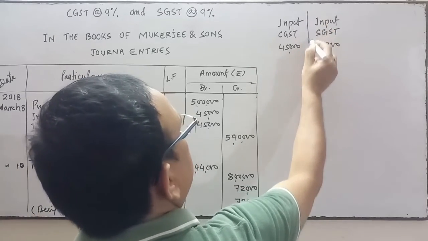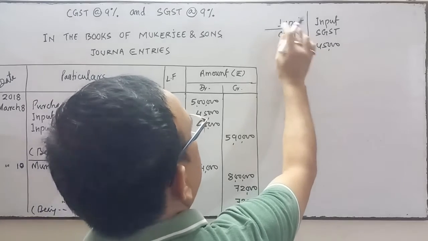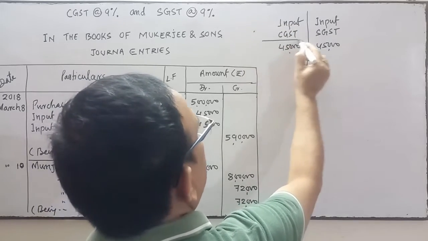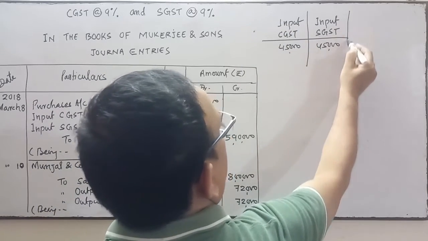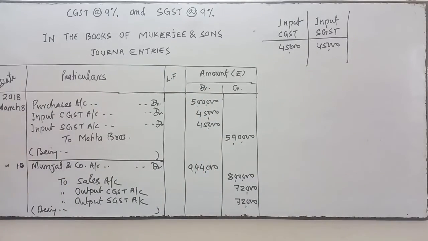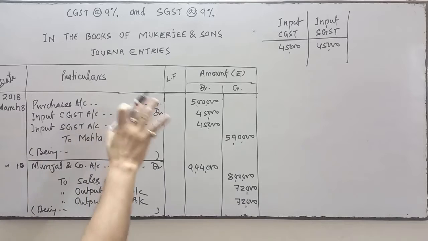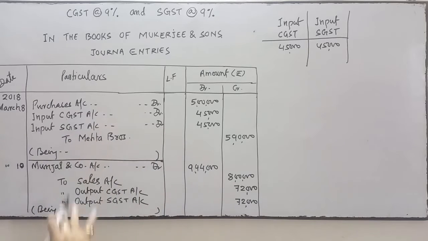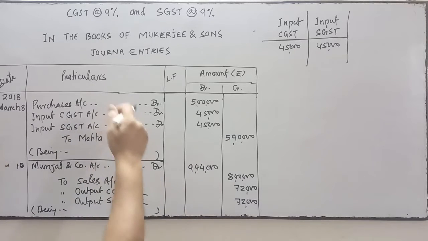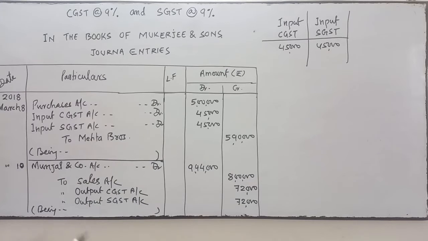Is it clear? This is your input CGST and input SGST, this much, because I am going to erase this space for the next transaction to write the next transaction.